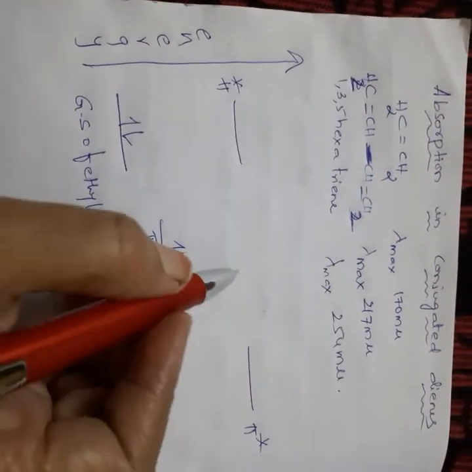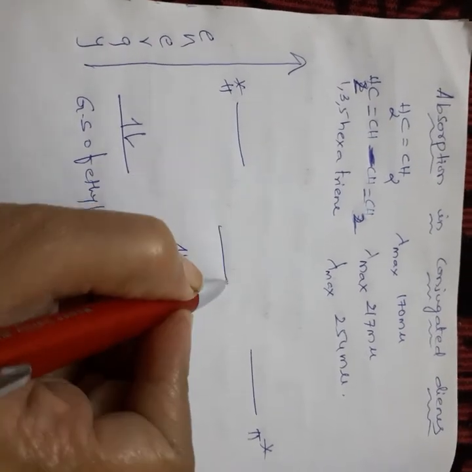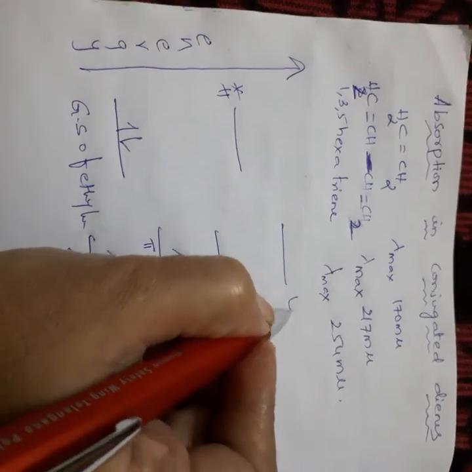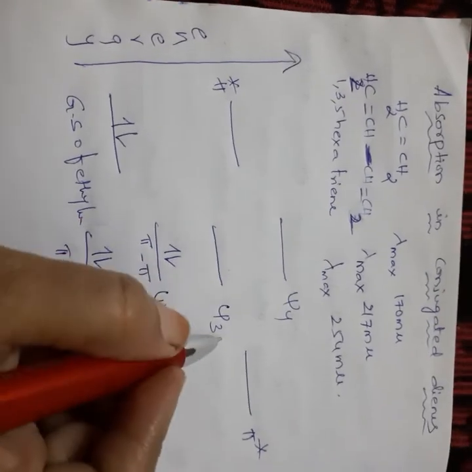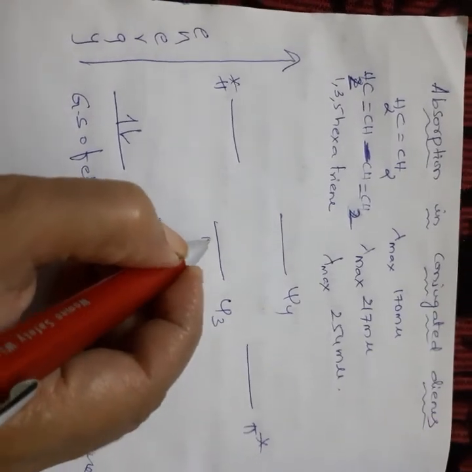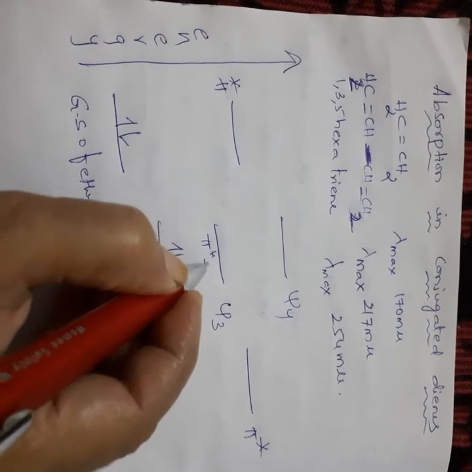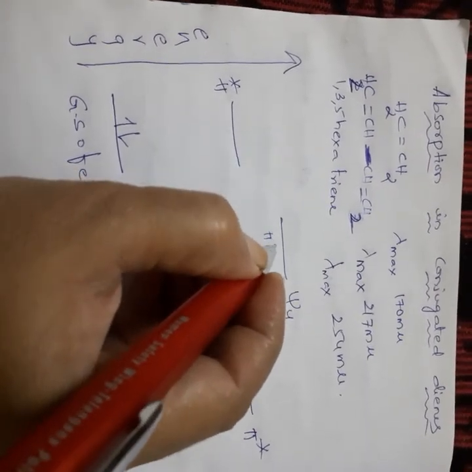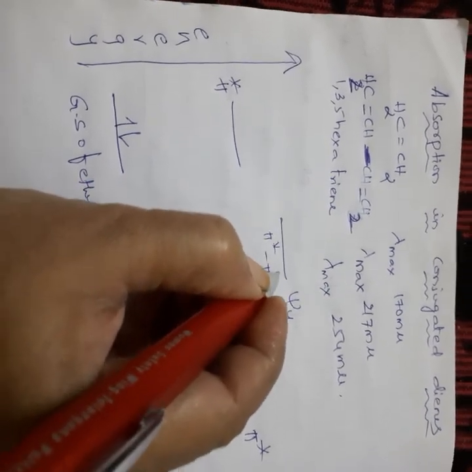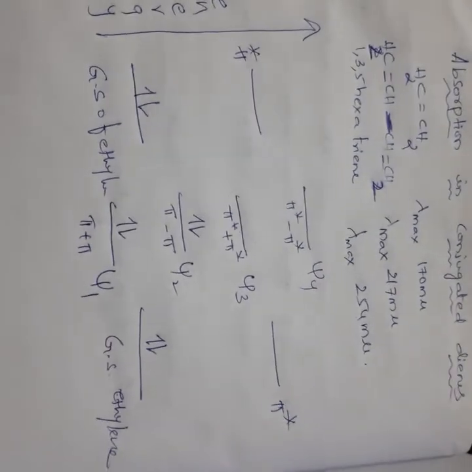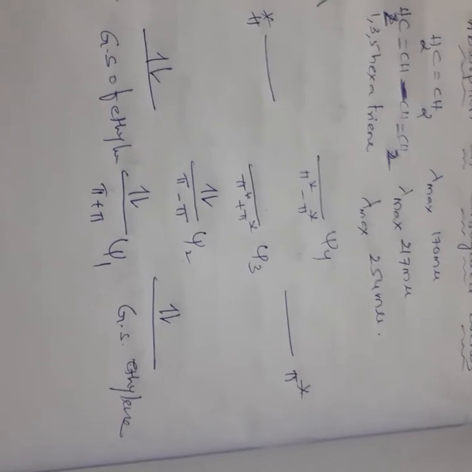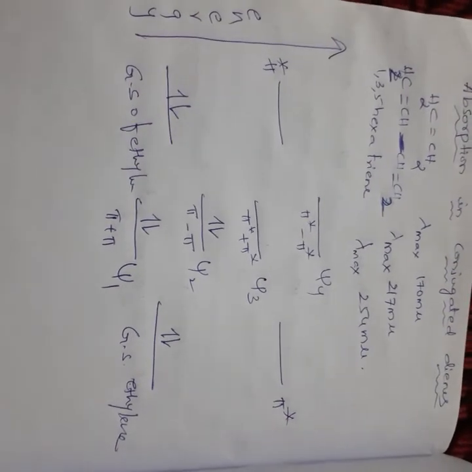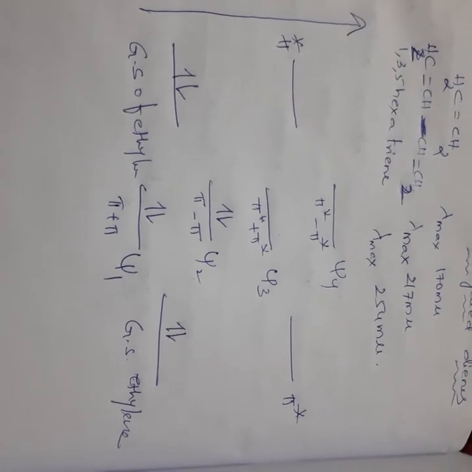When these two are combined, we get two different varieties: psi 3 and psi 4. How do we get psi 3? By the addition of pi star with pi star. How do we get psi 4? By the addition of pi star minus pi star. So these are the types of electronic excitations which are possible in conjugated dienes.